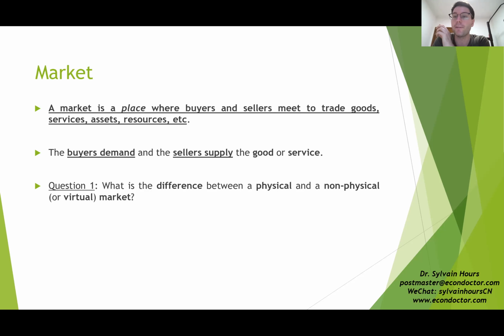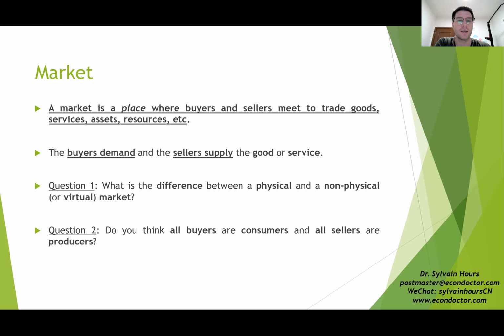So it's really a physical place, a location where you actually go to buy something. And a non-physical or virtual market would be something like Taobao, Amazon, which is an app or website that you can browse to find products and purchase them online. That's what we call a virtual market.